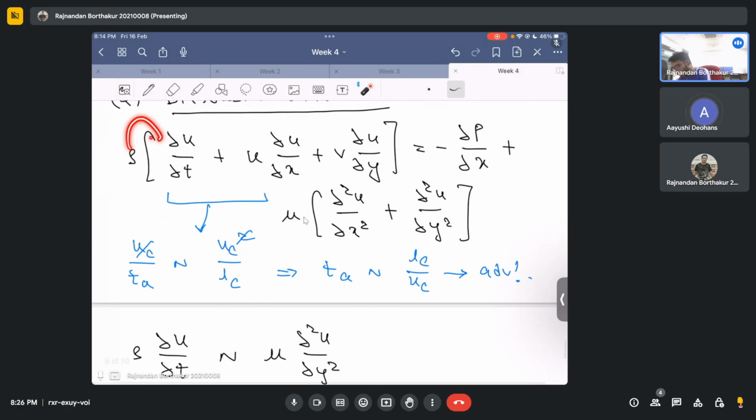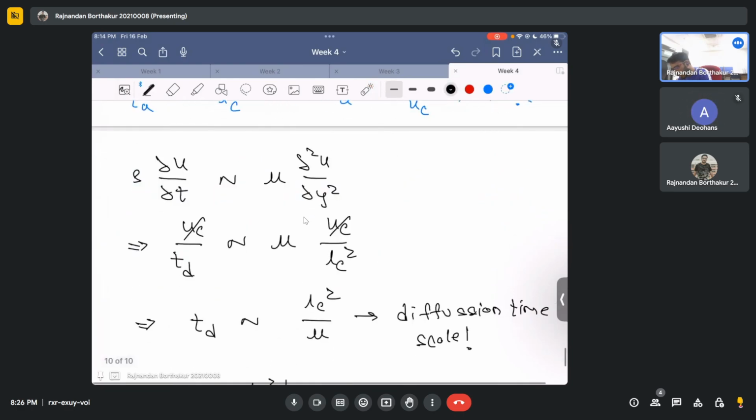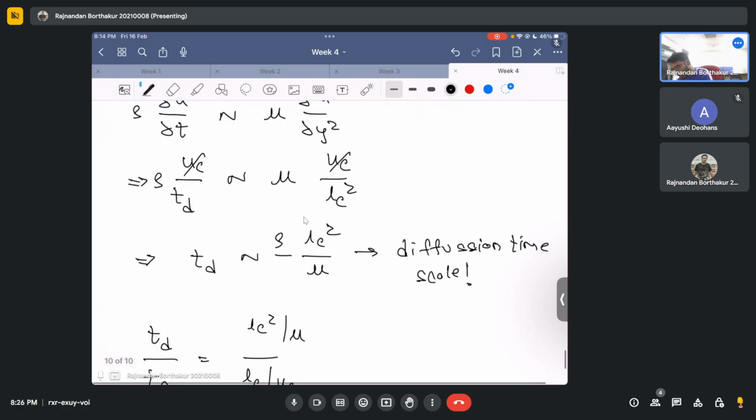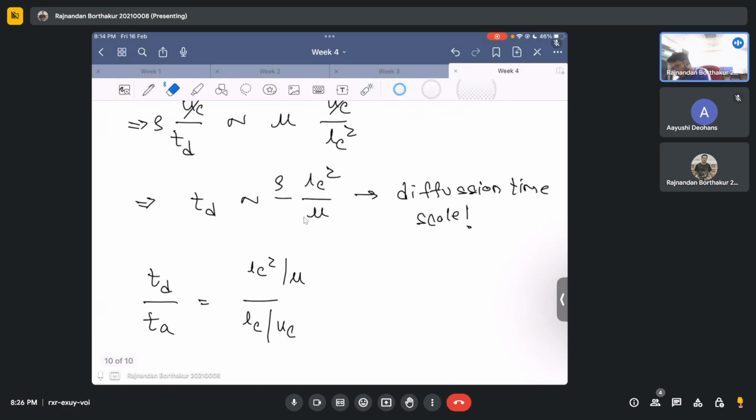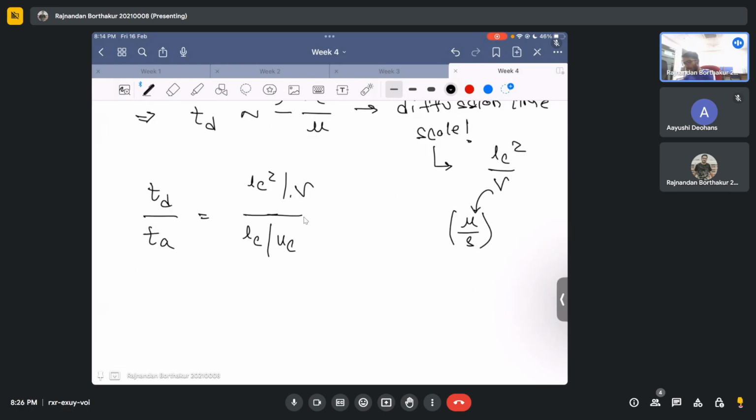Because this rho should be multiplied here, which means this would be LC squared by nu and not LC squared by mu. Did you understand what I said? Yes, exactly. So this diffusion time scale is LC squared by nu, since nu is mu by rho. All right. So based on this, can you now tell me what is the ratio of TD by TA?